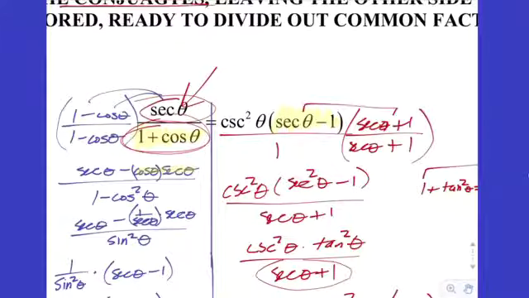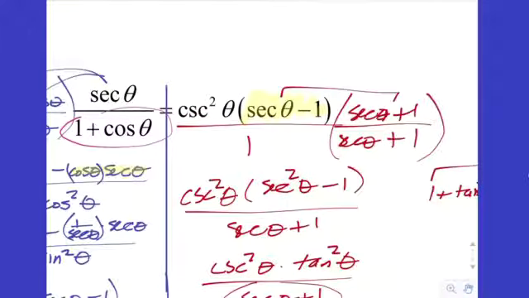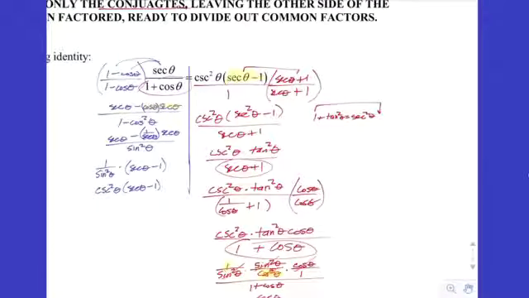Yeah, cool. With that in mind, if you had started on the right-hand side, you could have done what we said yesterday, create what you need. If you knew that you needed a 1 plus cosine in the denominator and you put it over 1, maybe you multiply by 1 plus cosine over 1 plus cosine instead of the conjugate of secant minus 1. And maybe that gets you to where you need to go a little bit faster.